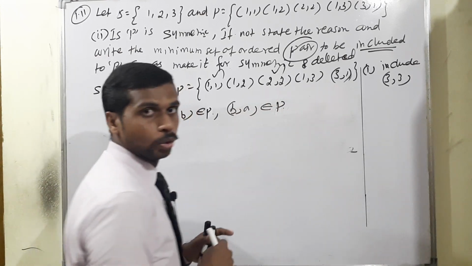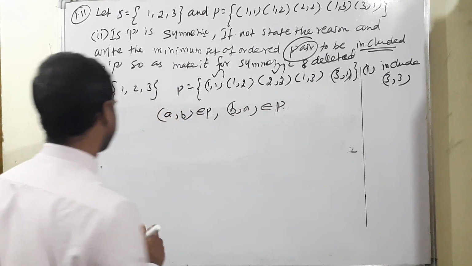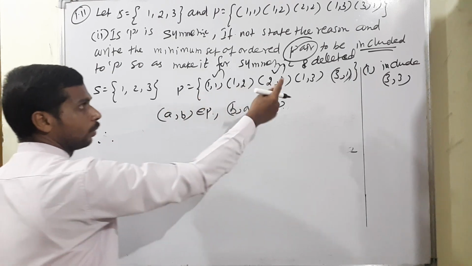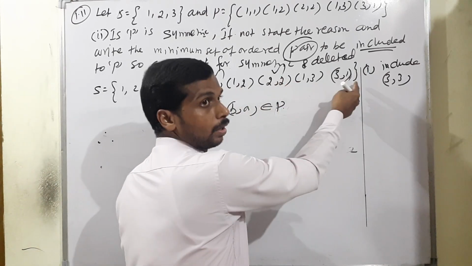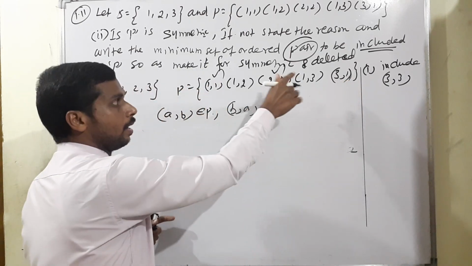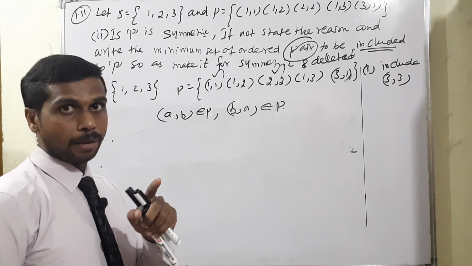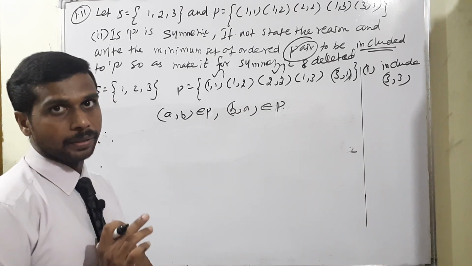There is no (2,1). Therefore, another condition: (1,3) is there, and (3,1) also is there. This part is symmetric, but one term is missing. What is missing? The pair (2,1) is missing.